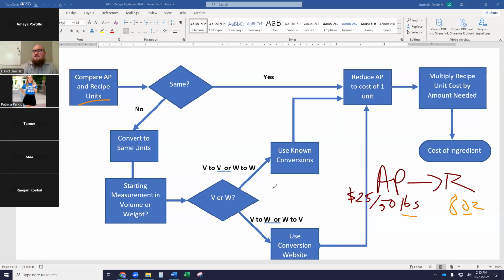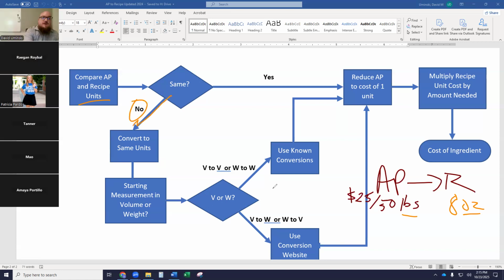Are they the same? No, they are not. So I'm going to use the arrow this way. Then, is my starting measurement in volume or weight? Weight. So if it is weight to weight, I'm going to use those known conversions.